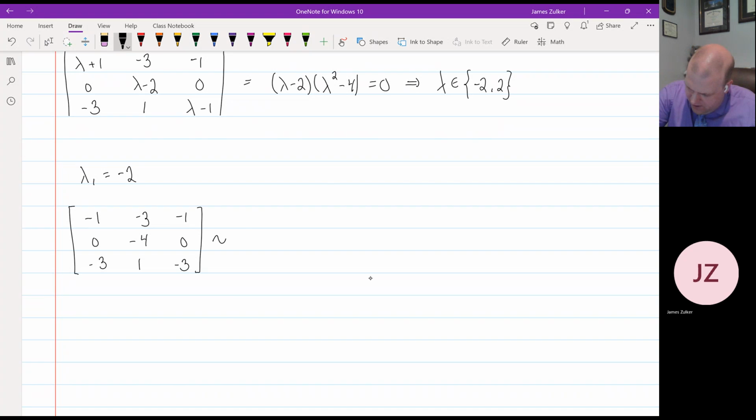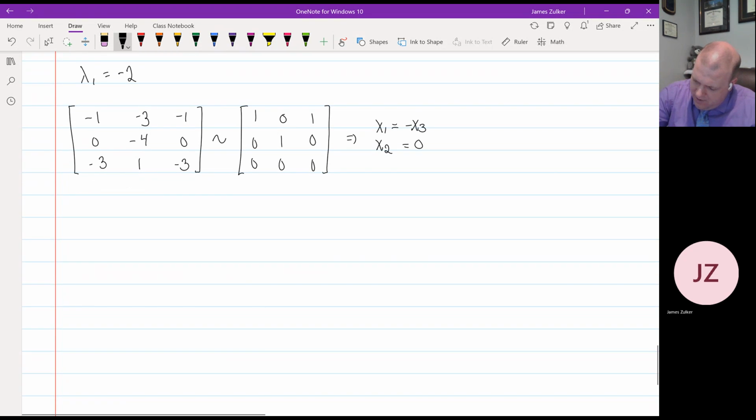This will reduce. Means x1 is -x3, x2 is 0.